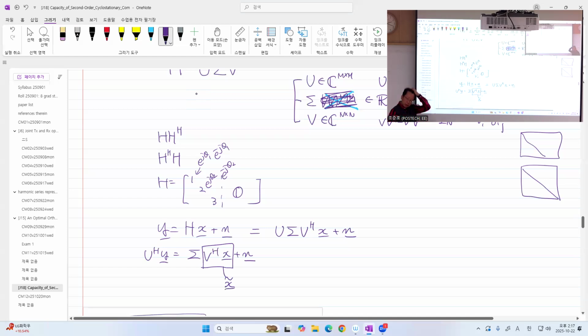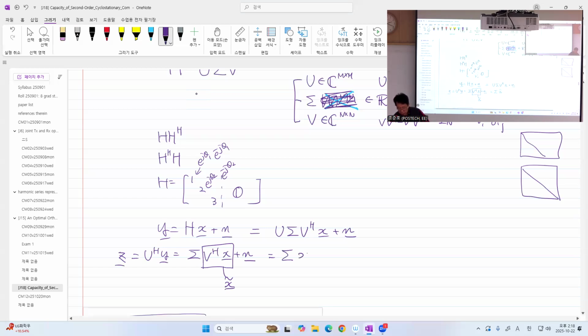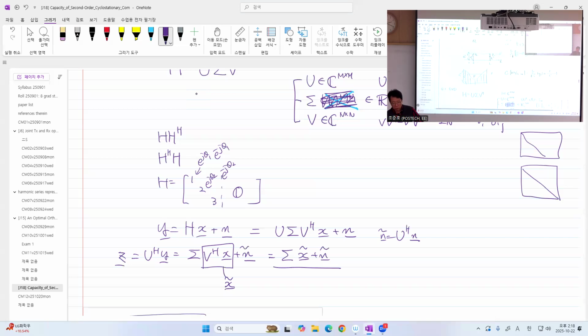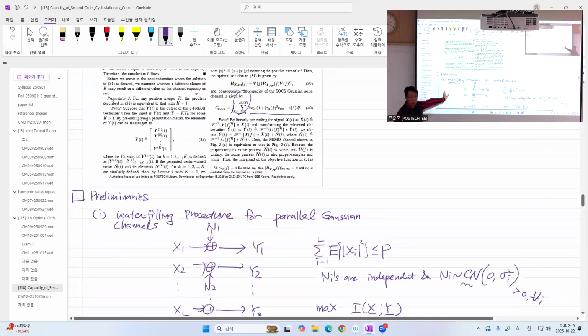So what you do is set this as Z and this as X tilde, then you have Z equals sigma X tilde plus N tilde. We assume N tilde is U Hermitian N. Then what is this one? This is very similar to what we had in these parallel Gaussian channels.